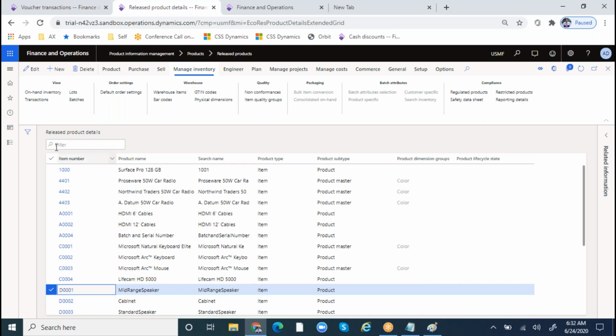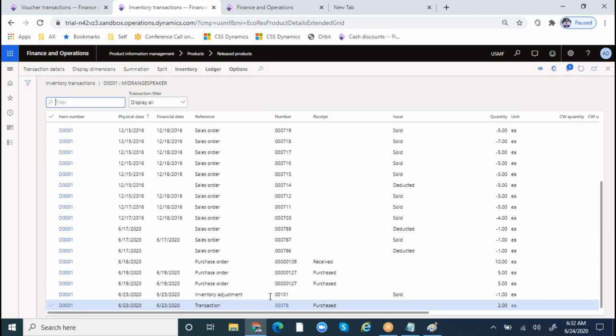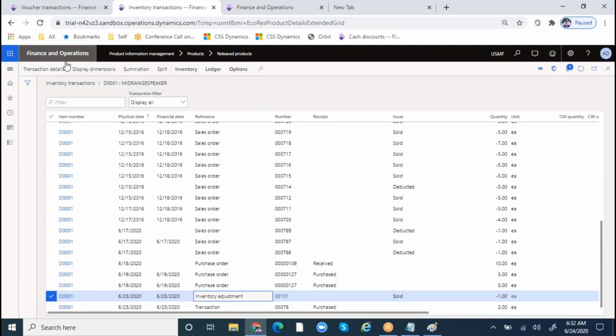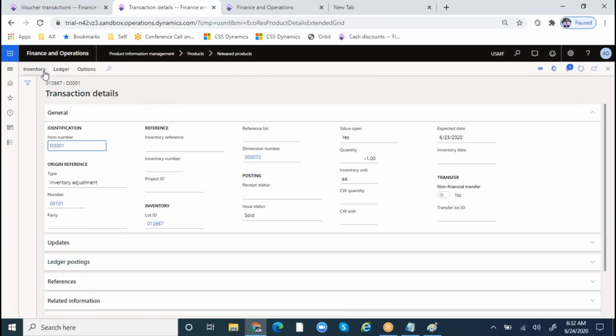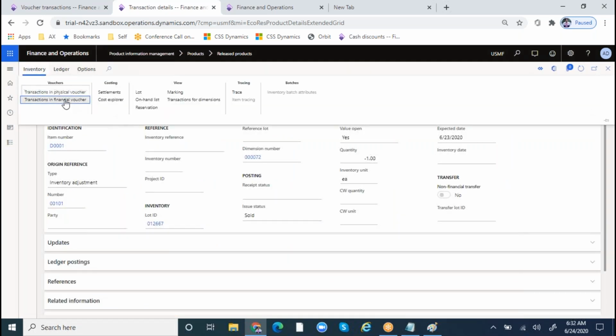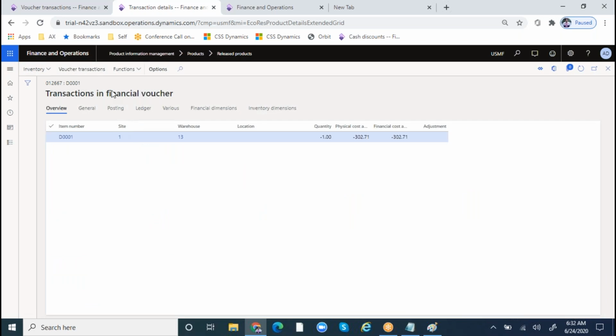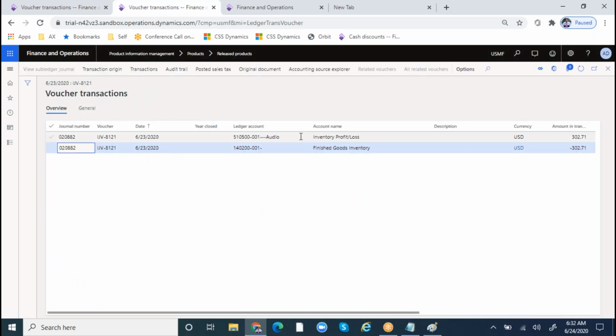Yes. Then in these transactions, I'm showing the voucher now. So what exactly do you want now? This is the adjustment journal posted, and for this, if you go to transactions and voucher, it will show the financial voucher in detail, debit and credit.